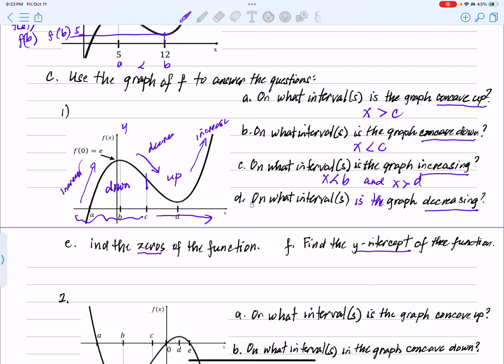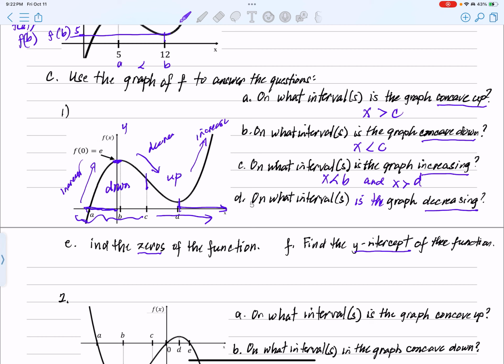Then when is the graph increasing? From here to here. So when x is less than b, and x is greater than d, this is the portion right here that is increasing.